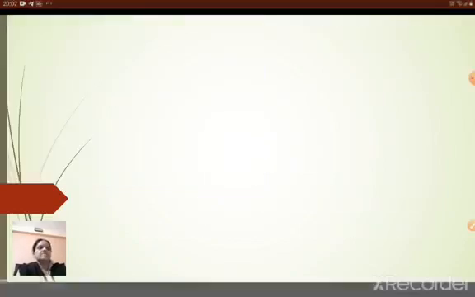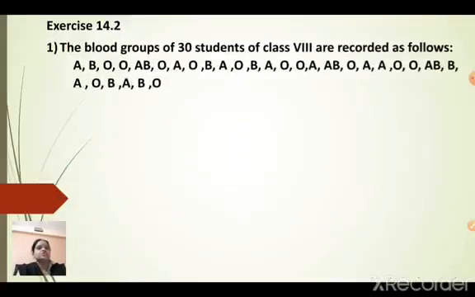Now let us start with exercise 14.2. Exercise 14.2, question number 1. The blood groups of 30 students of class 8 are recorded as follows. As we know, the blood groups are A, B, O. Here they have not considered positive and negative. They have just considered A, B, O and AB.